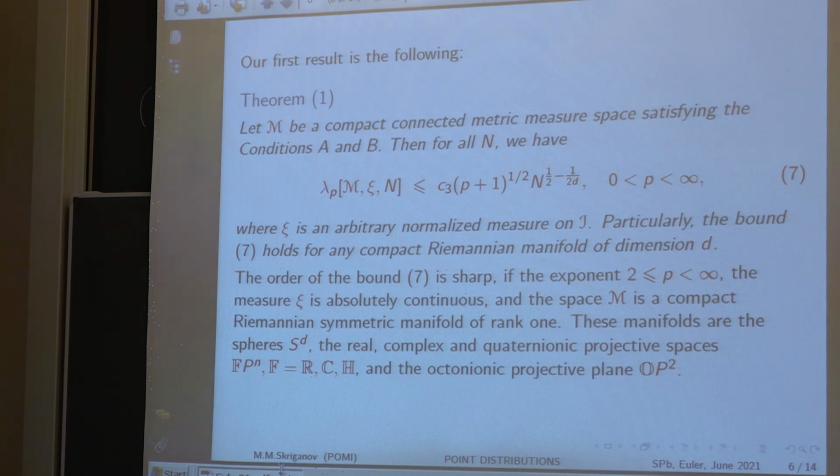And this bound is sharp for these exponents if the measure on the set of radii is absolutely continuous. And it is also known that this bound is best possible if n is large for special spaces like the d-dimensional Euclidean spheres, and for real, complex and quaternionic projective spaces.